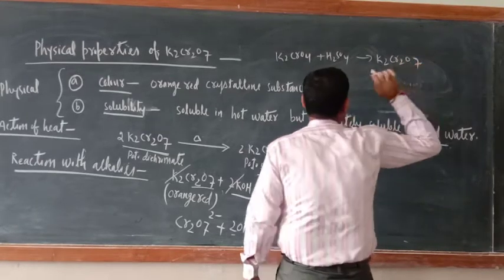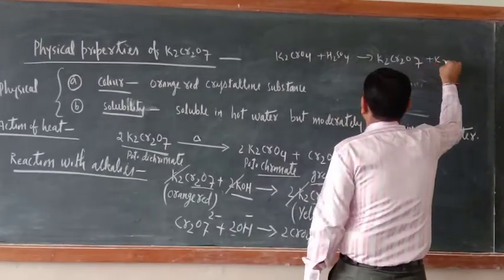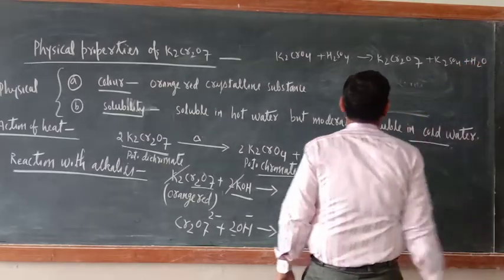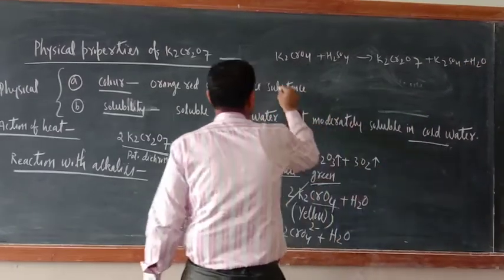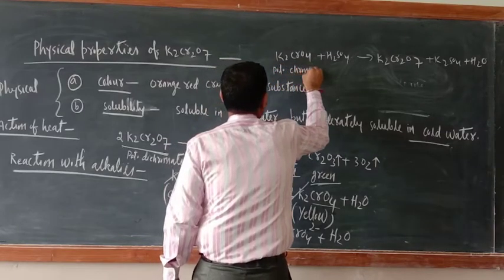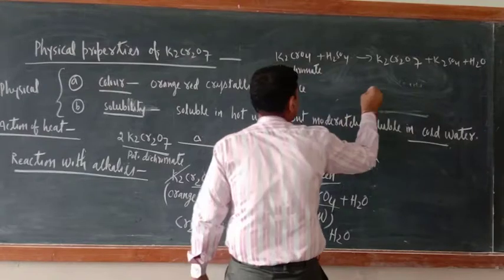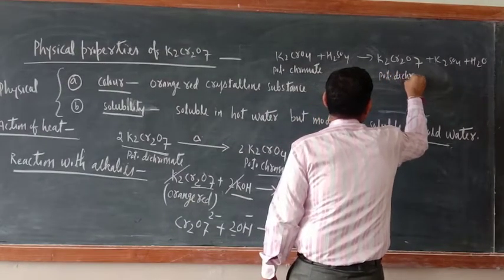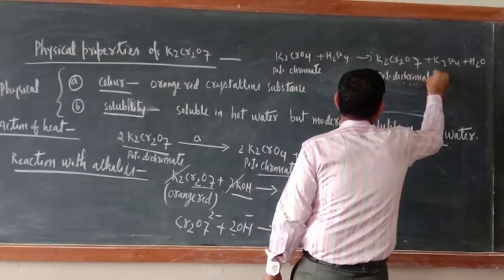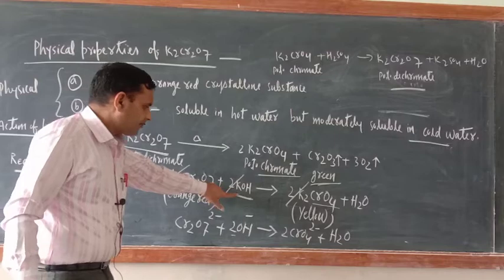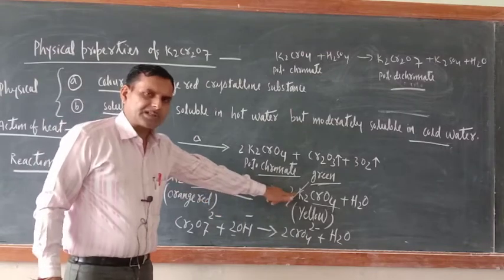K2Cr2O7 you will get, plus K2SO4 you will get, plus H2O you will get. This is potassium chromate. And this is potassium dichromate.